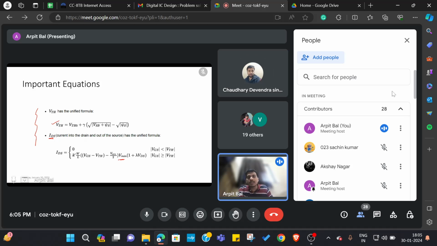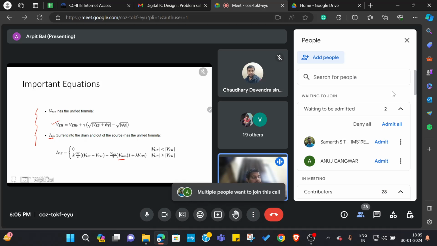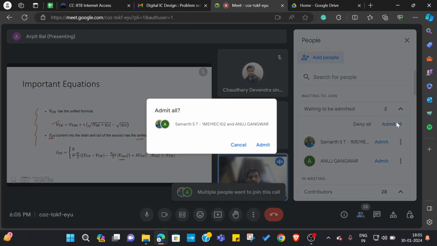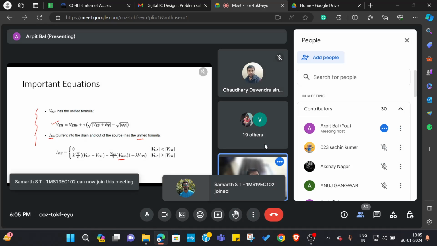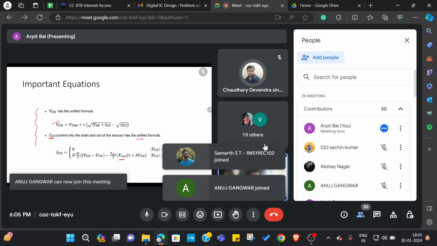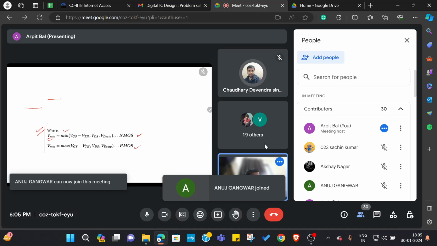So this equation can be used for everything. That's why this is a unified formula, and while solving the questions I'll make it clear how we can use it for different regions. Okay, sir. So this same equation is going to be used, but it is dependent on this V min.